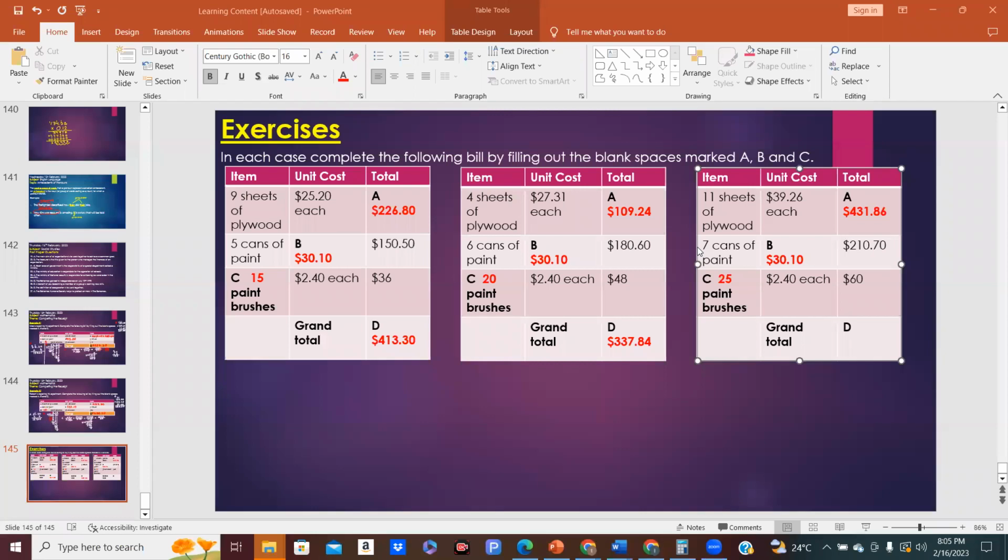So we have $431.86 plus $210.70 plus 60, which is $702.56. Yeah, you're right.